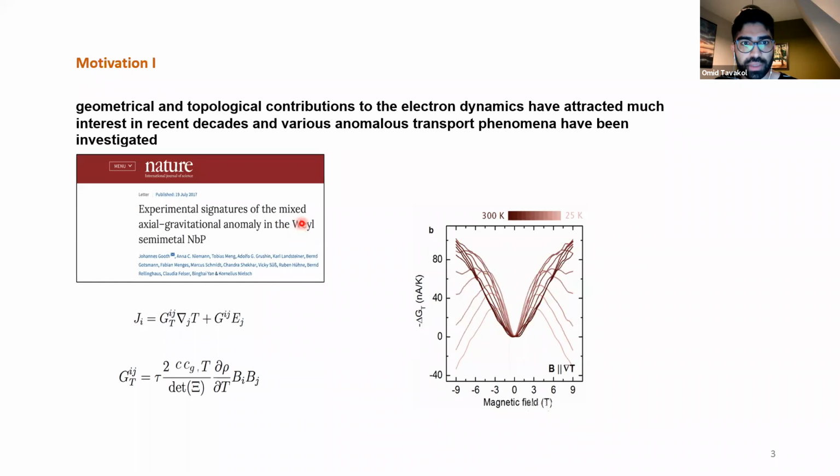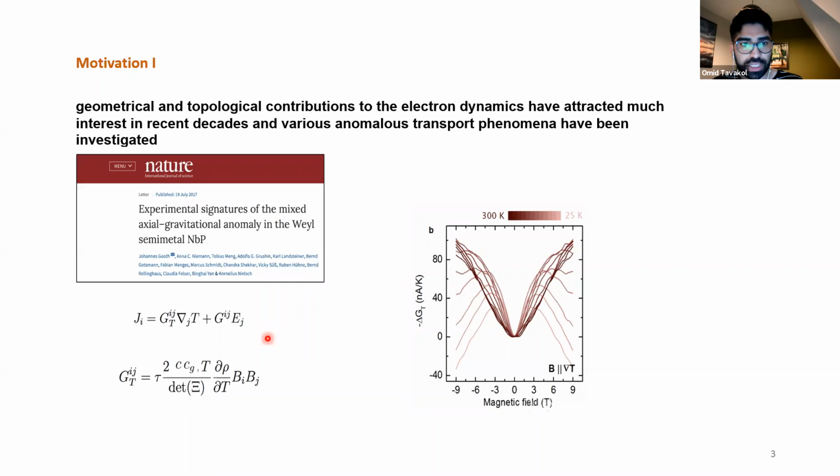What they've shown in this paper is that there is an anomalous contribution to transport coefficients, or thermal conductivity, in the presence of a magnetic field, and this anomalous coefficient is proportional to B squared. You can see there are some contributions coming from the anomaly coefficients c and c_g.